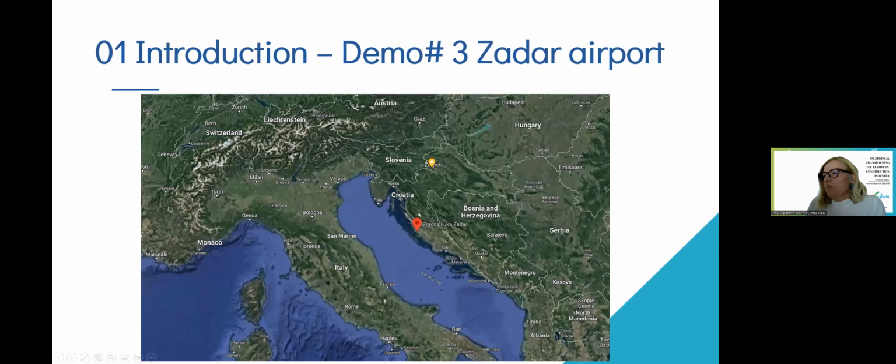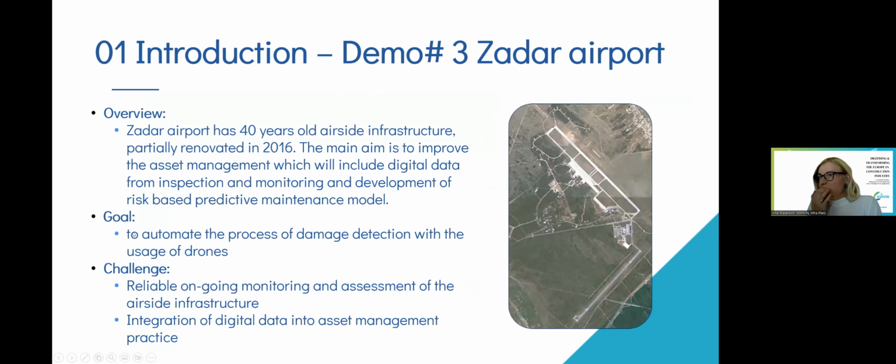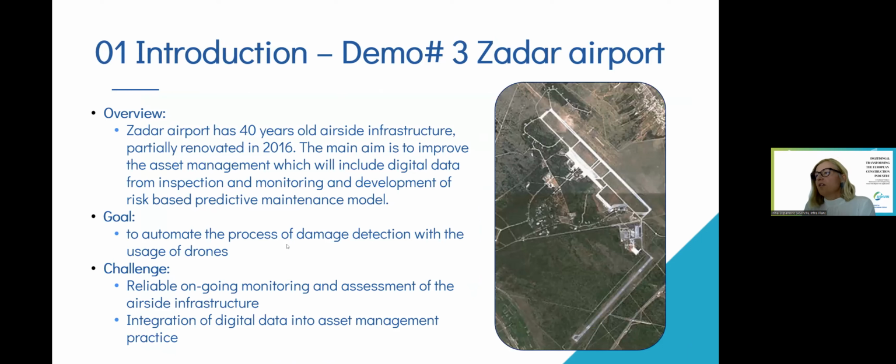So our demo project is Zadar Airport, which is located in Croatia on the Adriatic coast, with a relatively small airport terminal and infrastructure, with plans to expand, but with an exponential increase of users in the tourism season. Zadar Airport was built 40 years ago, and these are the 2 runways.